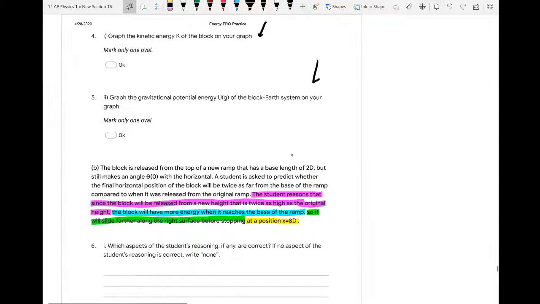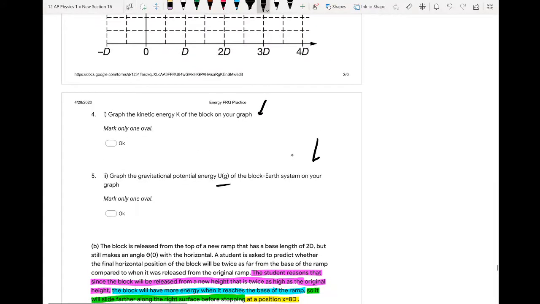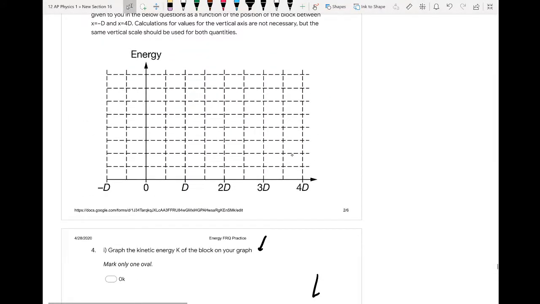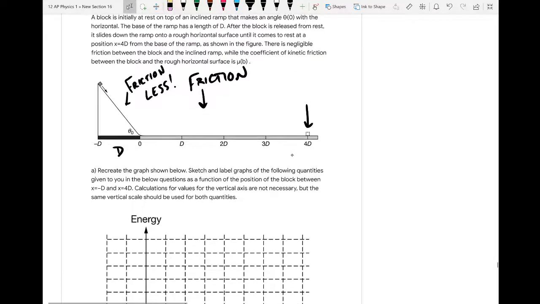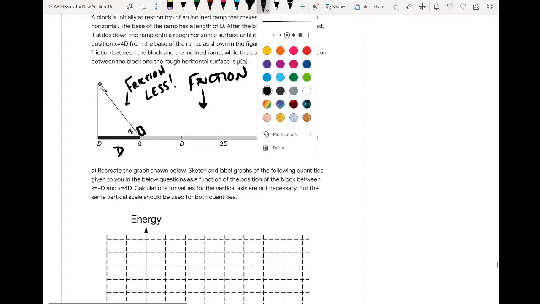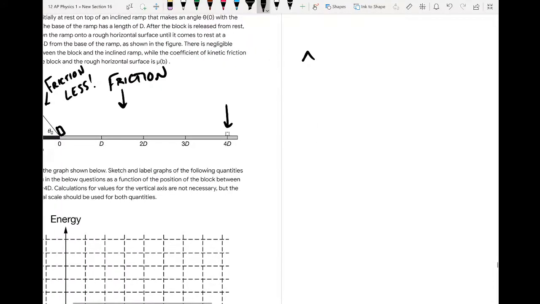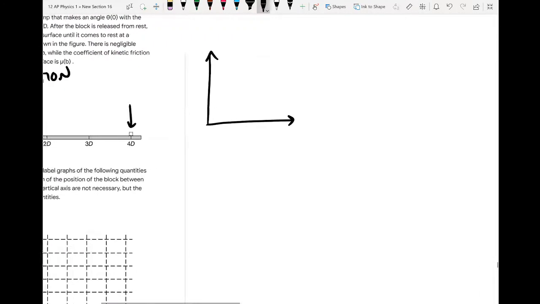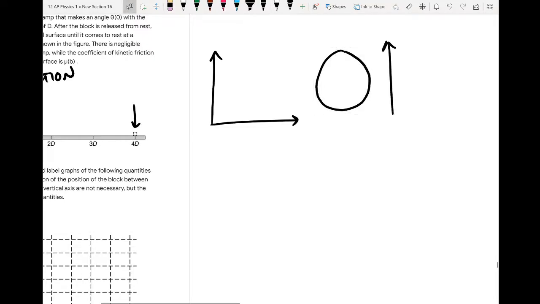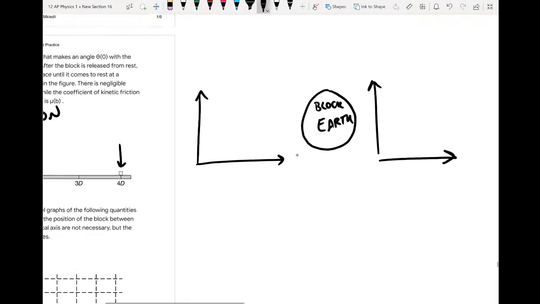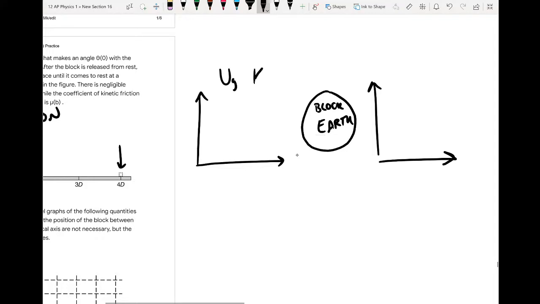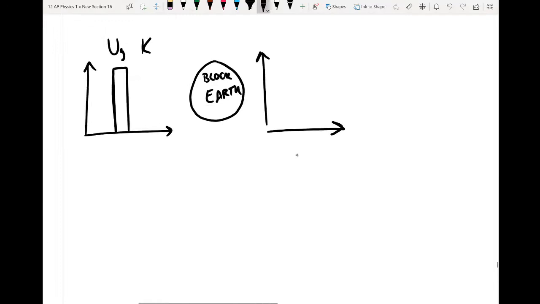I'm going to start with the potential energy. If I think about the energy in my system and draw one of these LOL diagrams, then at the very beginning, looking at the system of the block and the Earth, the only type of energy I have is potential energy, because my block is at some height and at rest.